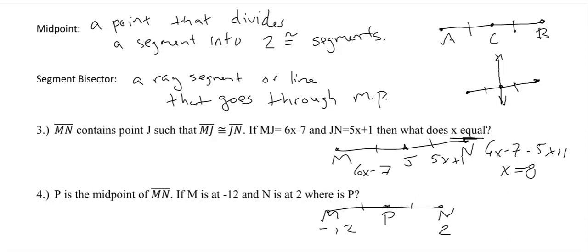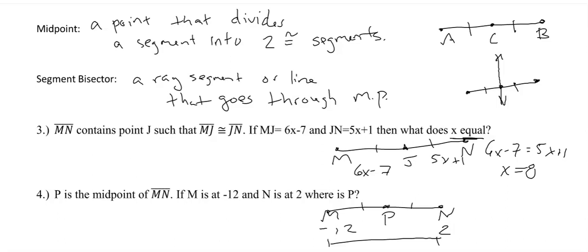Well, it's got to be halfway from here to here. Going from negative 12 on a number line, you'd walk 12 steps to get to 0, and then you would walk another 2 steps. So this total length is how far?